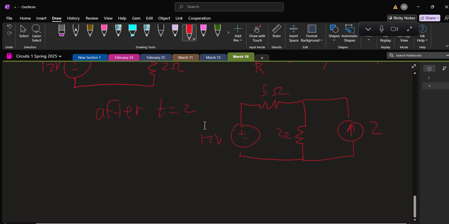And I'm looking for the current through this branch. I know the current coming into that node is 2. So if I do a nodal analysis right there, I would say V minus 12 over 5 plus V minus 0 over 2 equals 2.